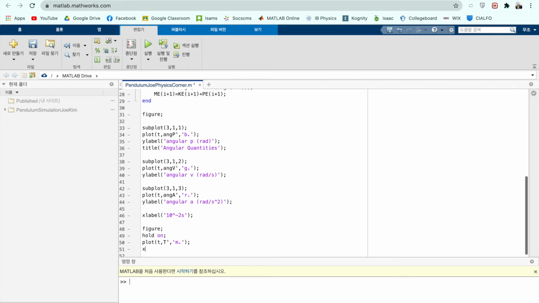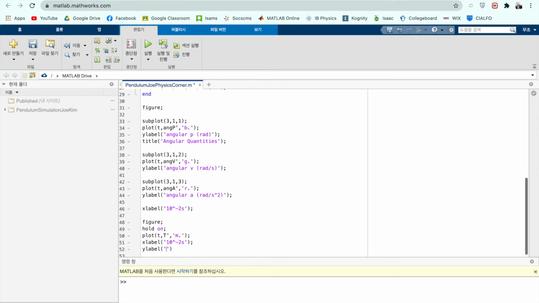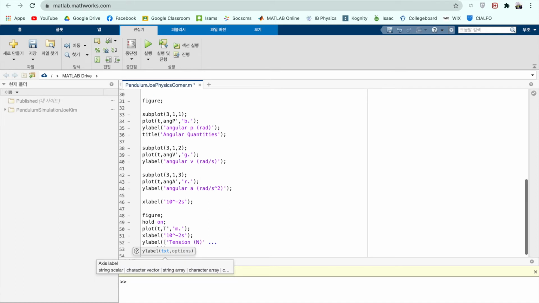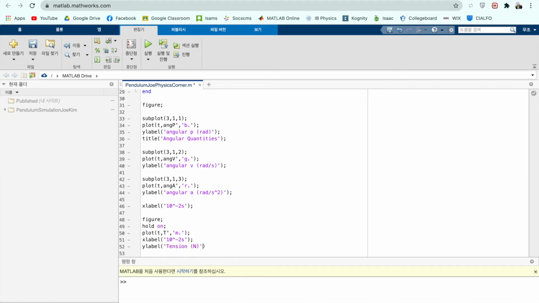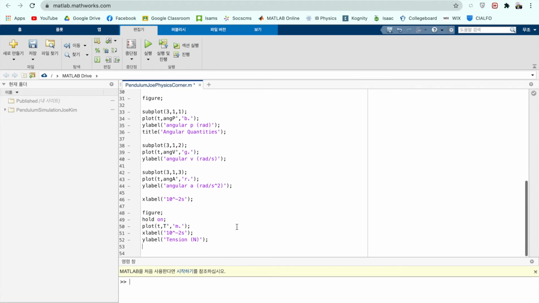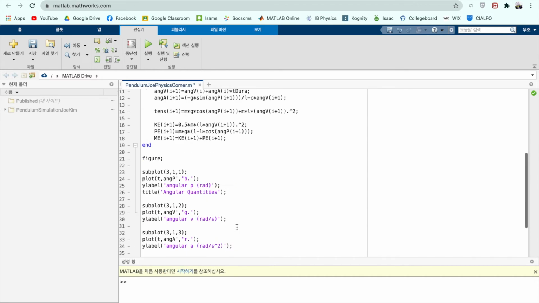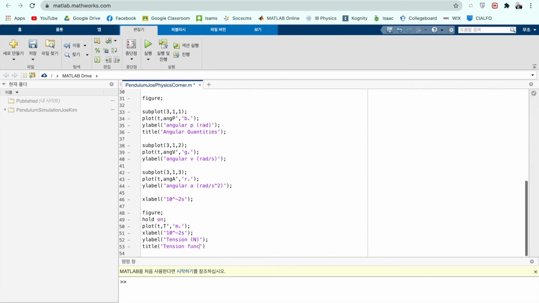And then in the x label, we do the same thing, and now it's going to be 10 to the minus 2 seconds. And then the y label would be tension with a unit, so newtons, and the title would be tension function.